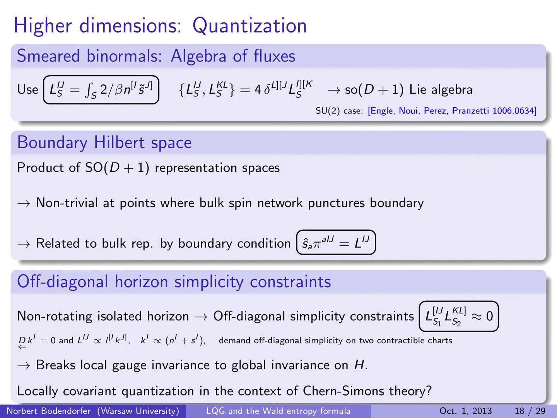So the idea is that you want to get rid of this delta distribution, which you get when you have L at a point and L at some other point. So in order to do that, you would smear it over a surface like a flux operator in loop quantum gravity, and then these S's you would actually shrink to a point. Then compute the algebra of the L's in this limit where you shrink it to a point, and in this limit they become gauge invariant again.